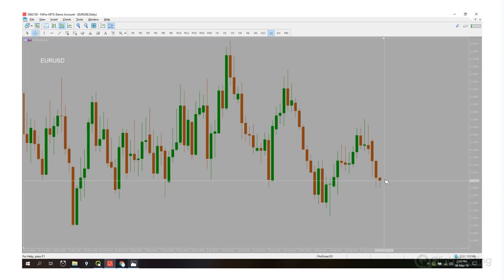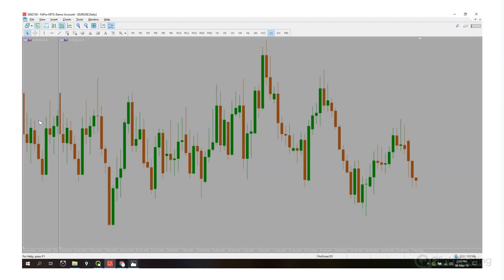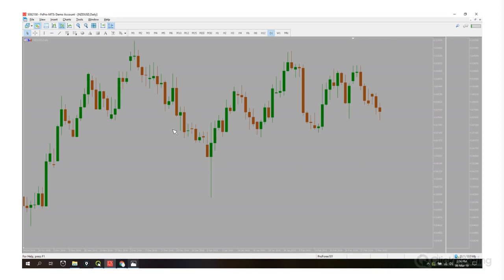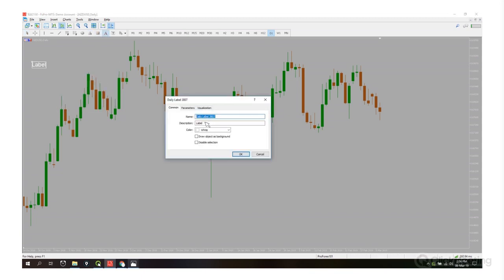Let's have a look at another currency. Let's look at New Zealand dollar. I just want to write the New Zealand dollar label here so that it's easy for you guys to see.